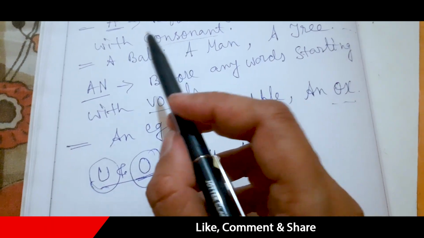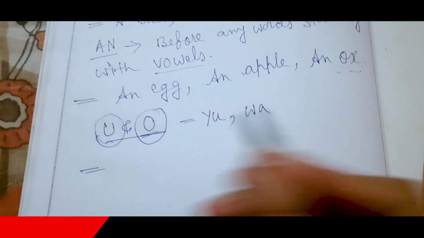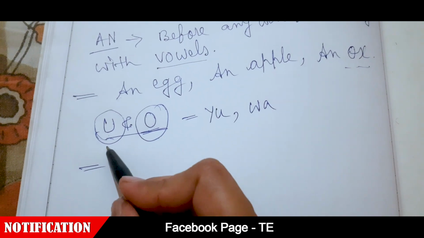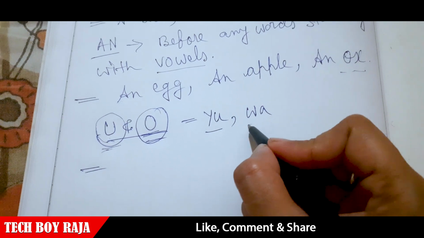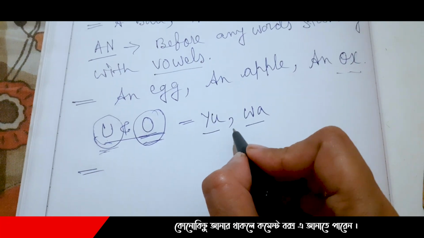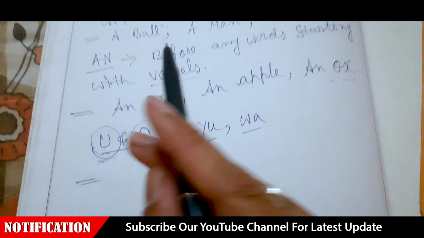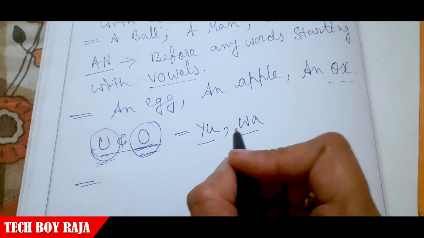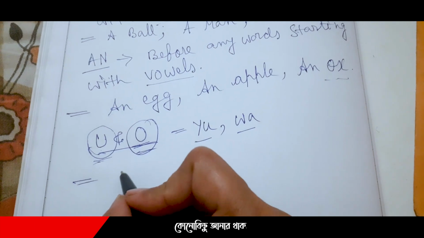So what article is used there? A. Some examples are needed. Whenever you pronounce any word starting with U and O, be careful regarding these pronunciations. If this type of pronunciation is there, you have to use a instead of an. If any other pronunciations are there, at that time an. Both kinds of examples I will give now.